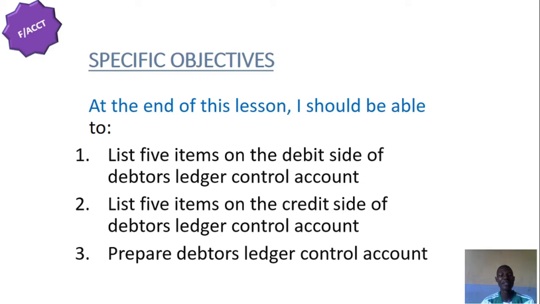In our previous class, we looked at the definition of control account, the features of control account, the uses of control account, and we mentioned at least 5 uses of control account. 1, to determine the value of credit sales. 2, to determine the value of credit purchases. 3, to determine debtors balance. 4, to determine creditors balance. 5, it is the preparation of financial statements.